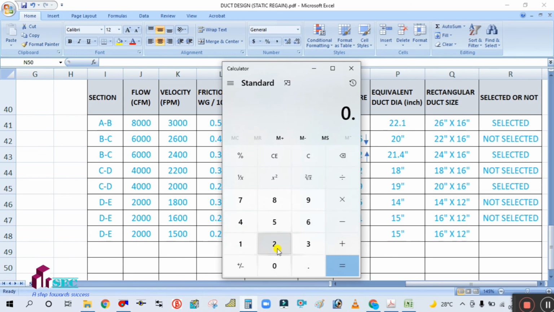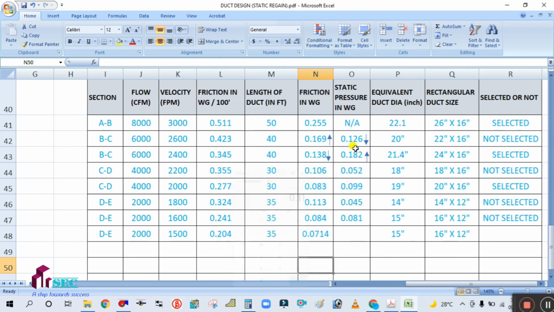So 0.25 minus 0.140 is 0.110. Now we have to see that this static pressure is now higher than the friction loss.